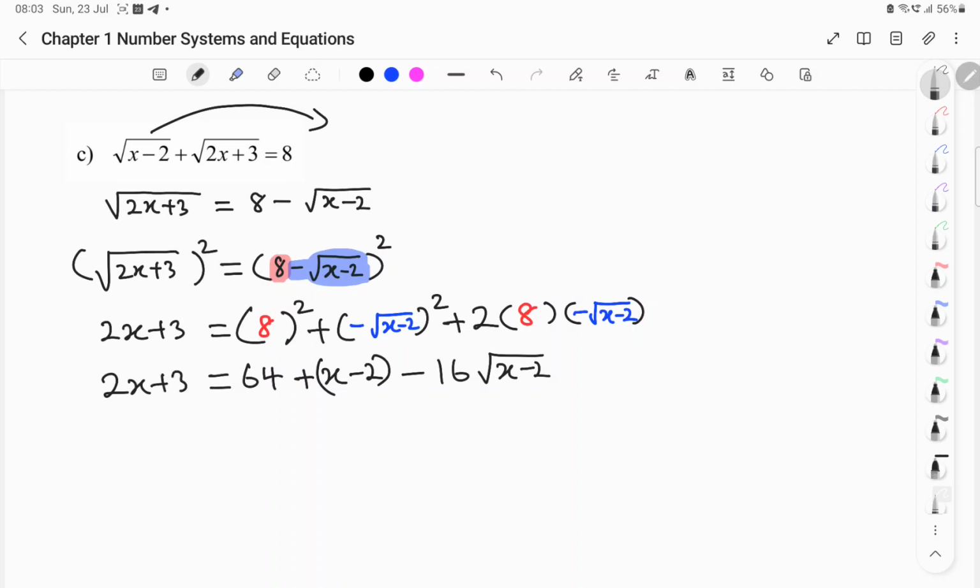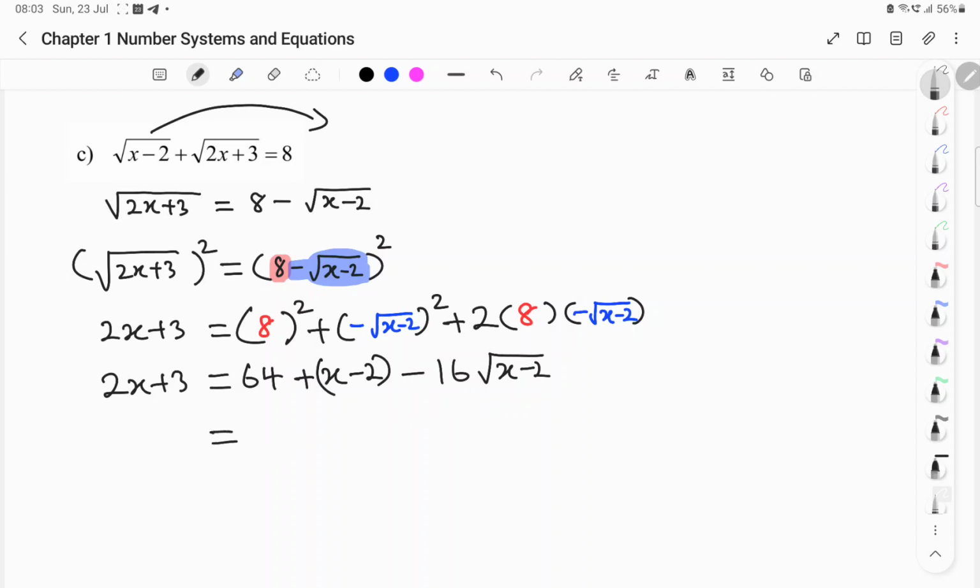Okay, now what else? Okay, you see there's a mix of whole number and surd. So what we have to do, we have to isolate the surd. Make sure the surd is single. Like this is not single yet. Okay, like this is not single yet. So we need to get rid of these and put it over here. Okay, so I think better this one go over there lah.